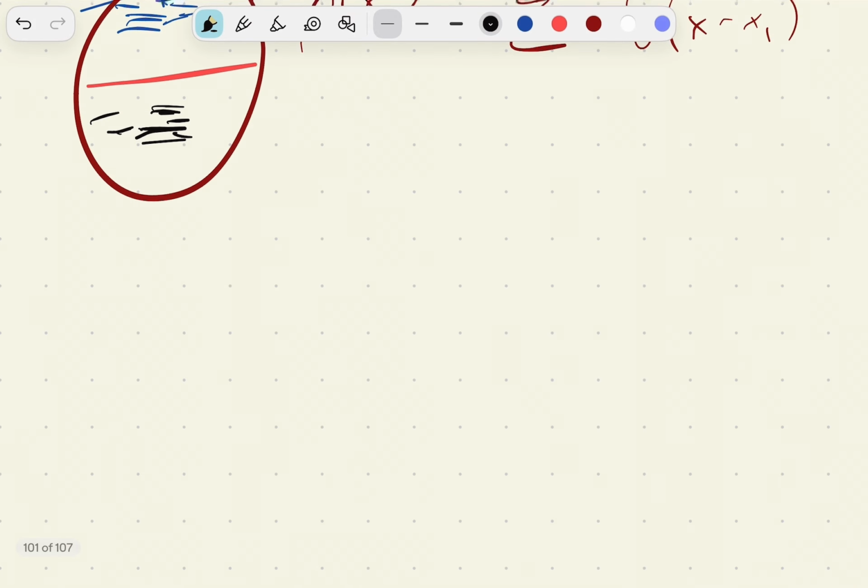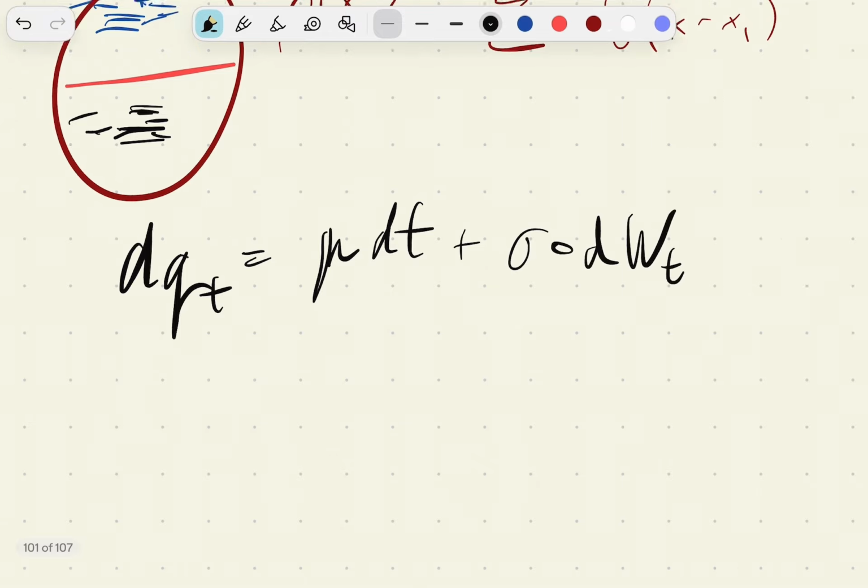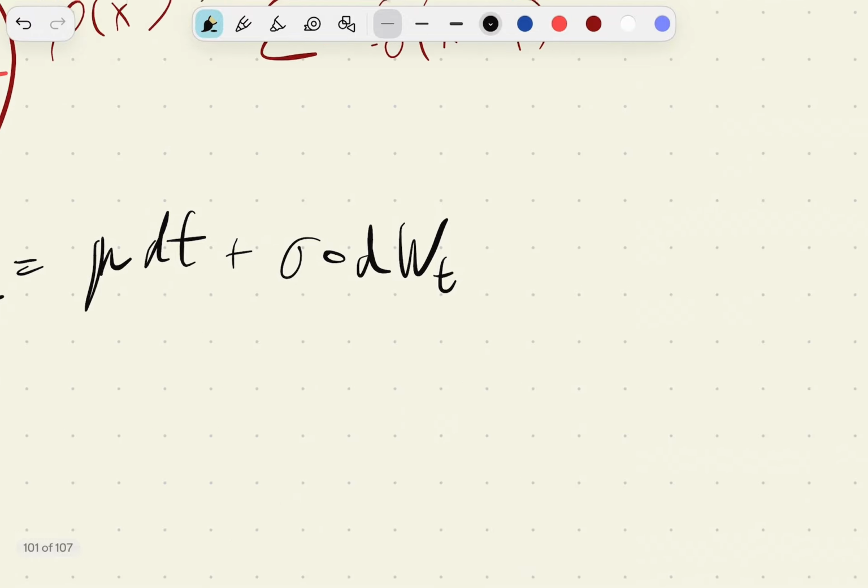Let's figure that out. But the reflected Stratonovich SDE would look like the normal process here with our diffusion and noise.